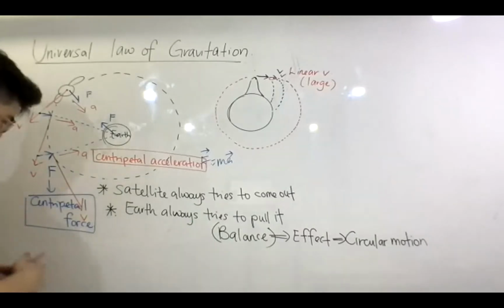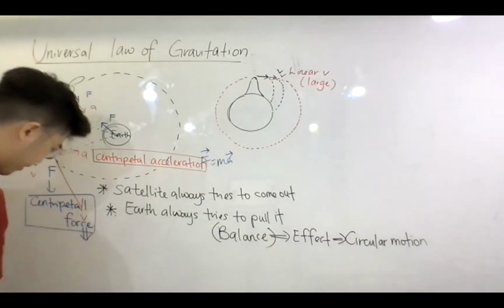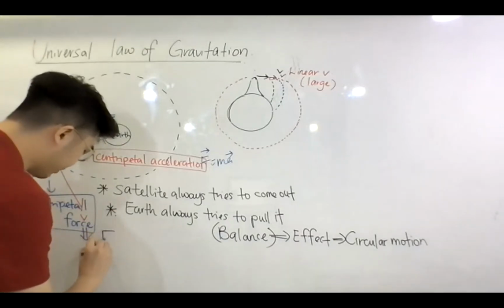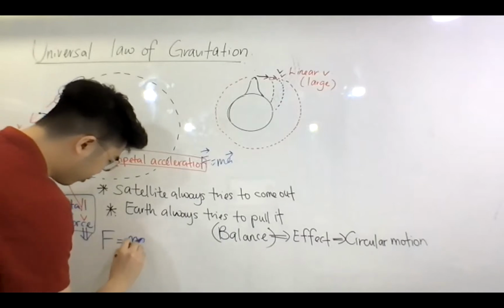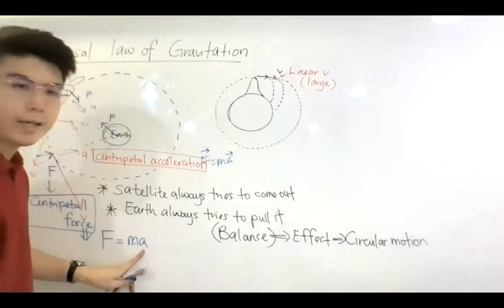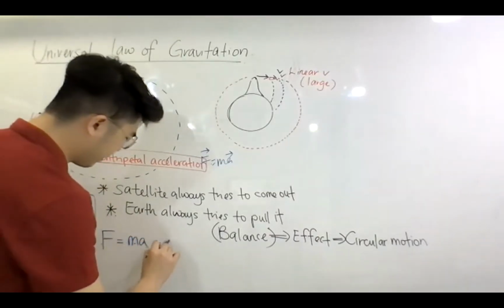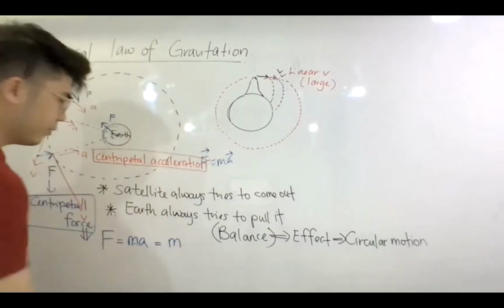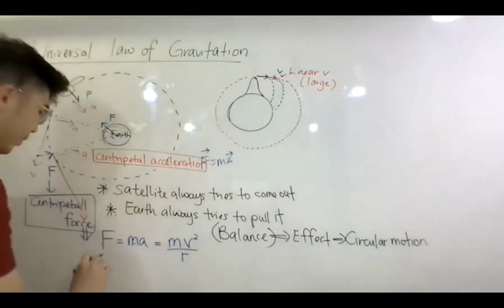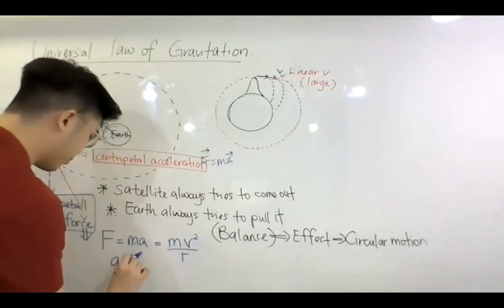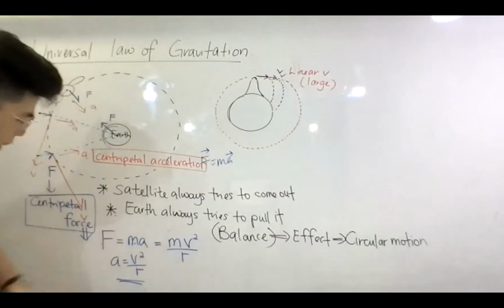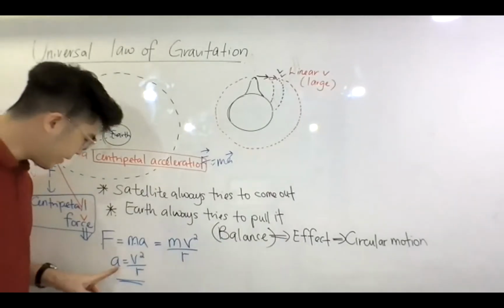Okay, now here we will write down the centripetal force. The centripetal force is expressed as F equals ma, right? So this is the centripetal force, ma, and this is the centripetal acceleration, so I can write it as m times v squared over r. The formula for centripetal acceleration is v squared over r. Why is acceleration v squared over r?